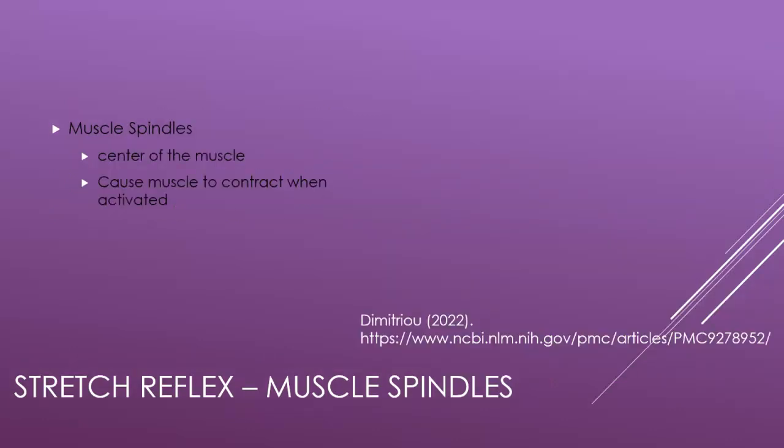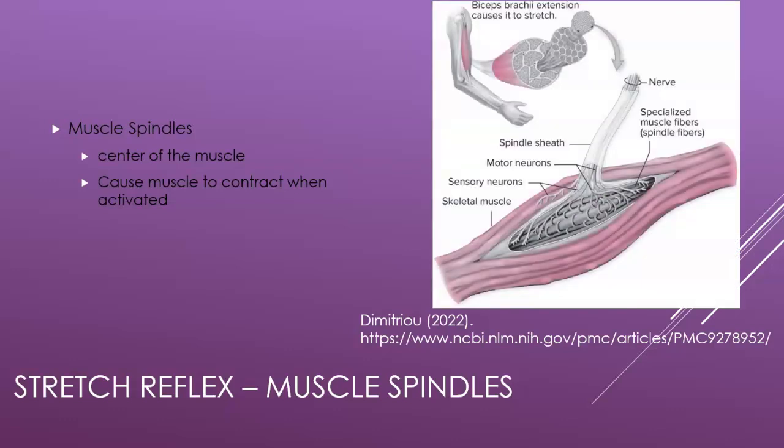So as you look at muscle spindles, those are in the center of the muscle, and when they are upregulated and activated, they cause the muscle to contract. So muscle spindles cause contraction. I also loaded up an article here for you guys if you want to jump out to more information on muscle spindles.